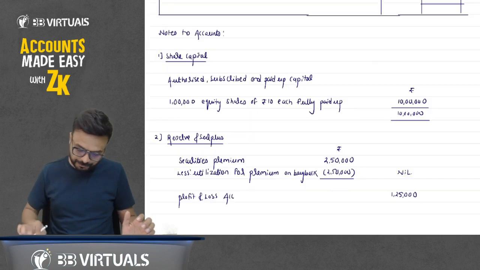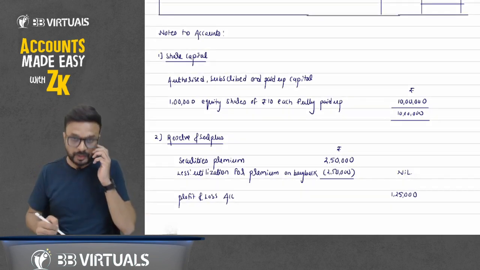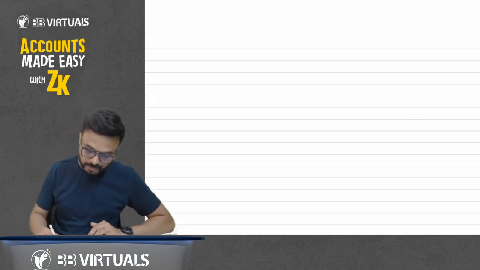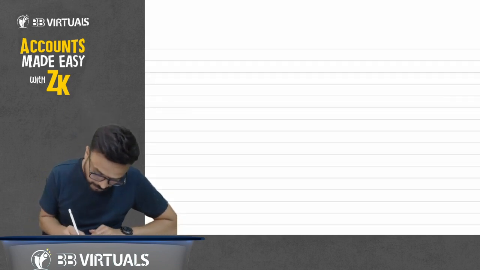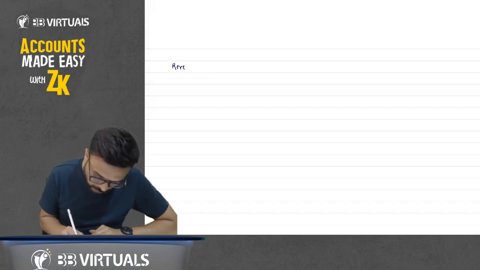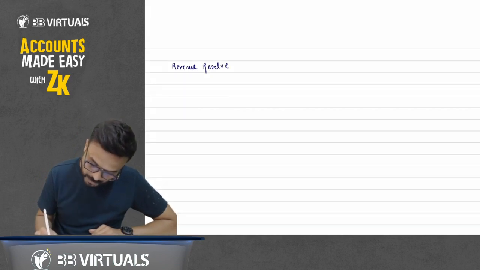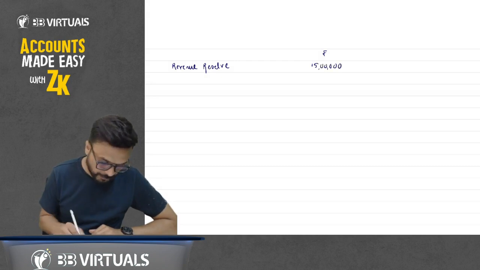So write down here. Third, you write it down in continuation. I am writing on the next page. So here, revenue reserve. How much is it? Given in balance sheet 15 lakhs.